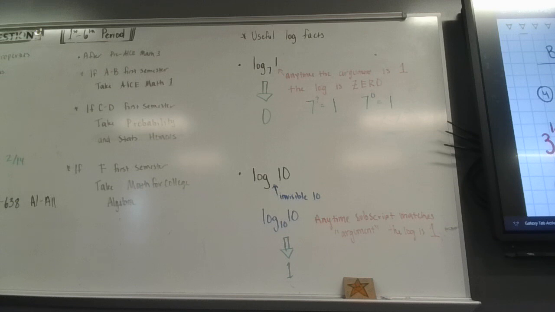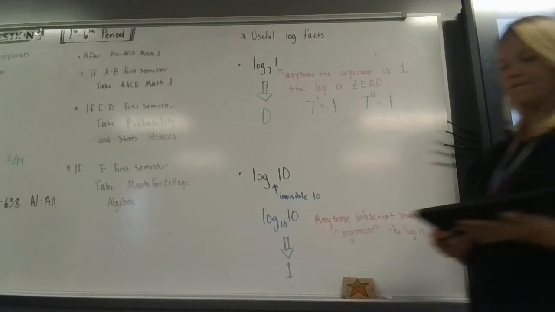So anyway, you're asked to find log base 3 of 1/5. First I would expand this using subtraction. So that would be log base 3 of 1 minus log base 3 of 5. You had a problem like this yesterday. You have another problem like it today.